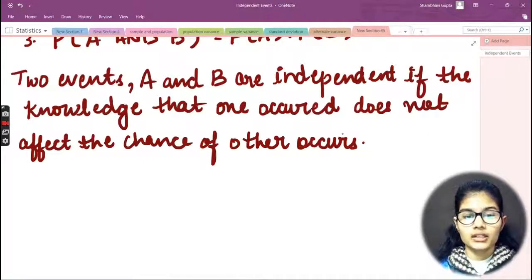Now let's take a very quick example for checking the independence of events.